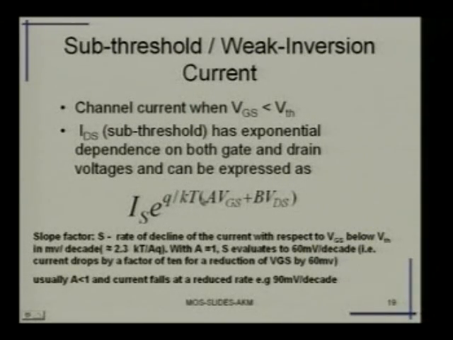I think you have seen this expression during your p-n junction analysis. It depends on the temperature, the gate source voltage and the VDS voltage, so these currents have many components, and these are called the subthreshold currents in general.